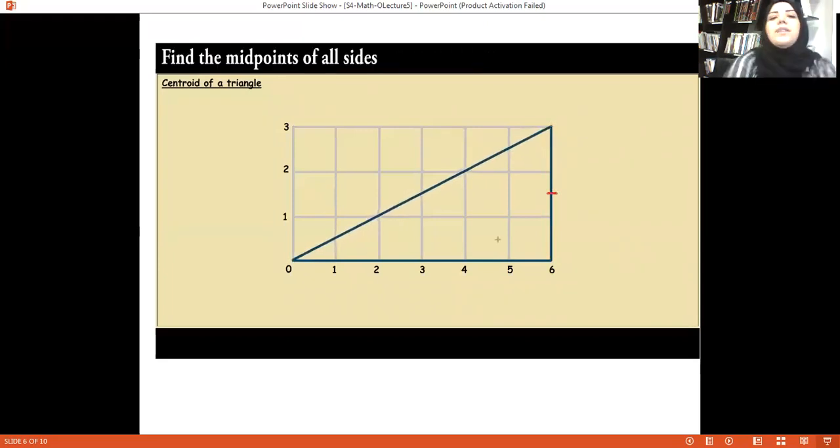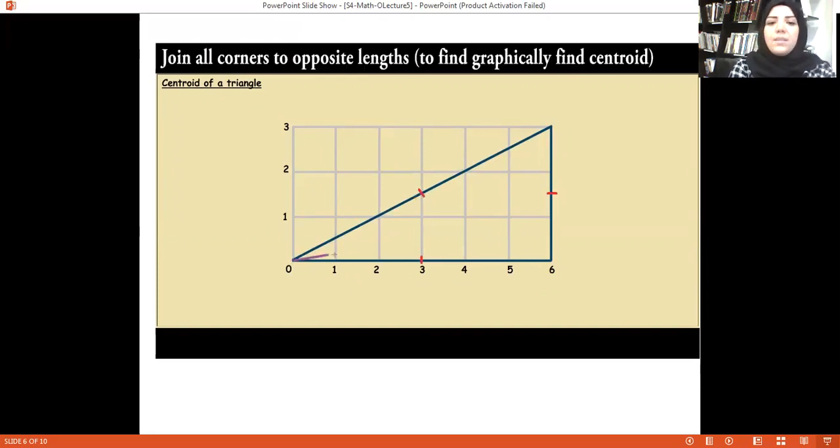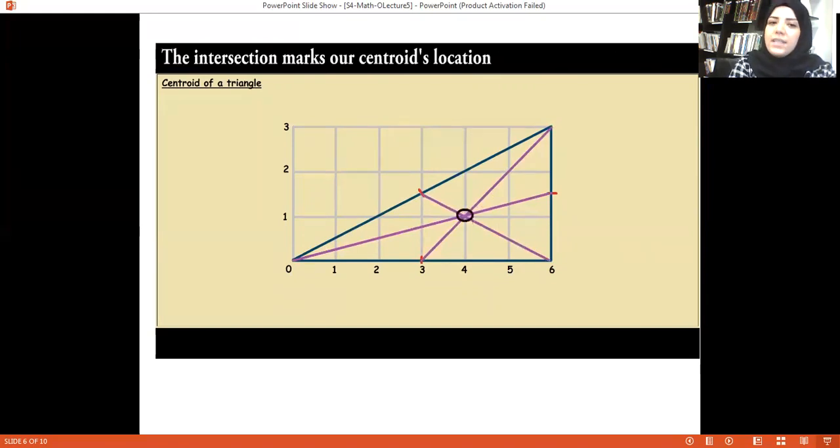So the first step, as we said, we need to find the midpoint of each side. So the midpoint of 6 is 3, the midpoint of 3 is 1.5, and this is the midpoint of the third line. And now we join the line, which is from the vertex to the midpoint of the opposite side. This is the second median, and this is the third median. And as you can see, and as I told you, the three medians meet at a point. We call this point the centroid of the triangle, or the center of gravity of a triangle.